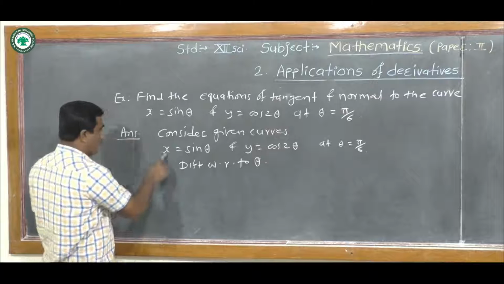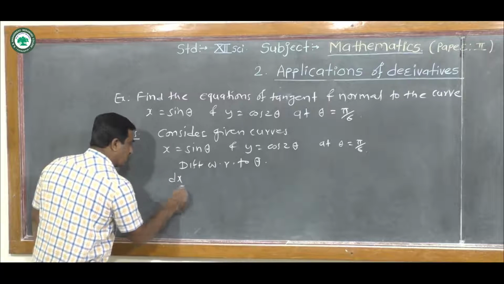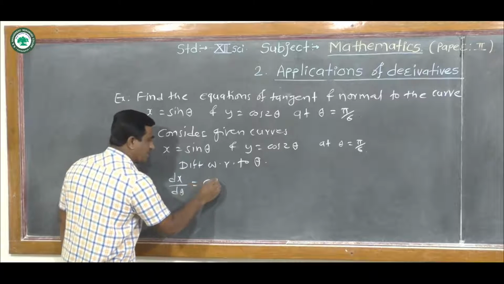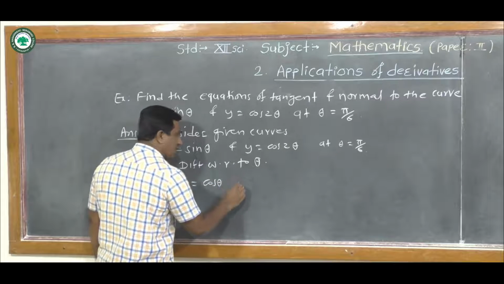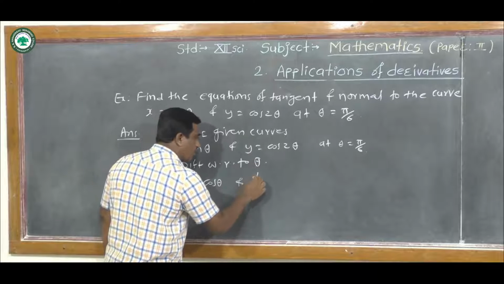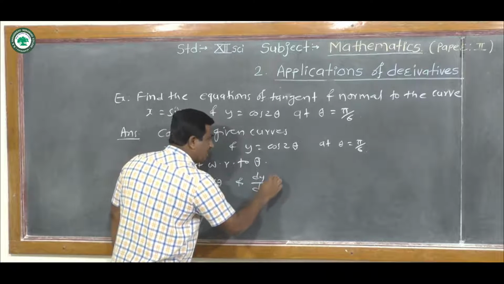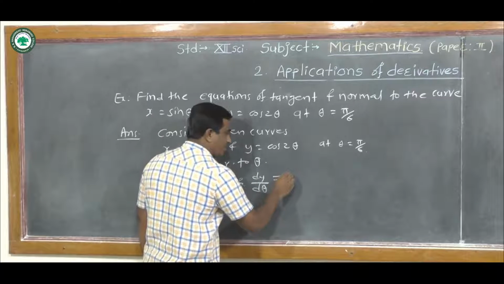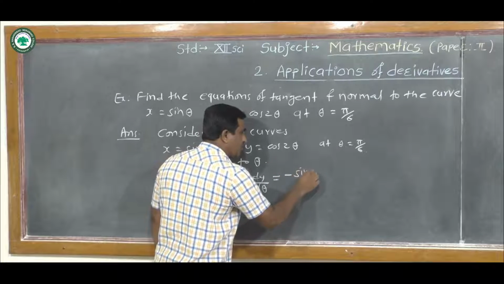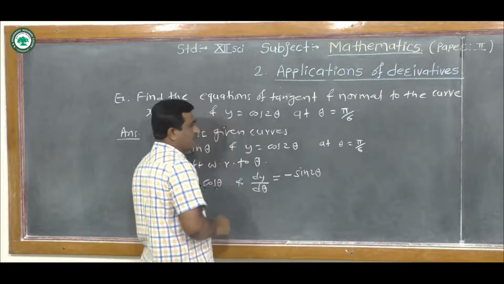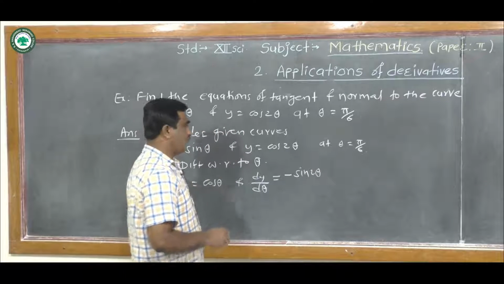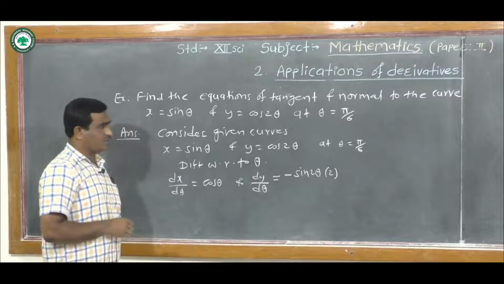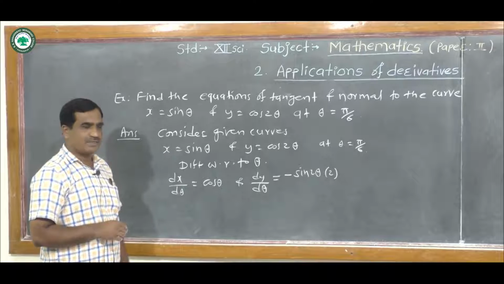Now the derivative of x is dx by d theta equal to the derivative of sin theta, which is cos theta, and the derivative of y, dy by d theta, equal to the derivative of cos 2 theta, a composite function, minus sin 2 theta into the derivative of 2 theta, which is 2. The derivative of 2 theta is 2 because the derivative of theta with respect to theta is 1.